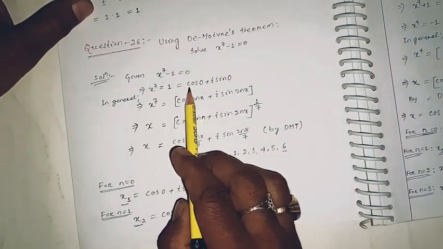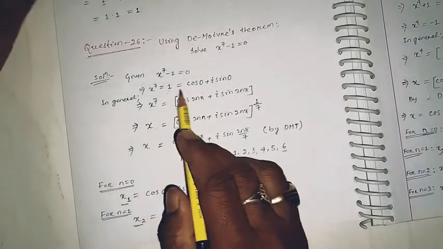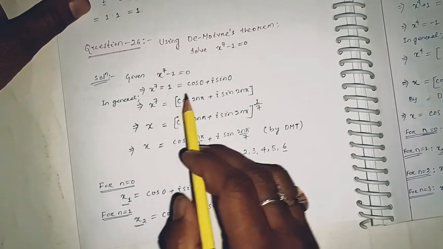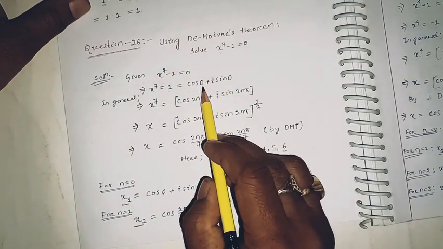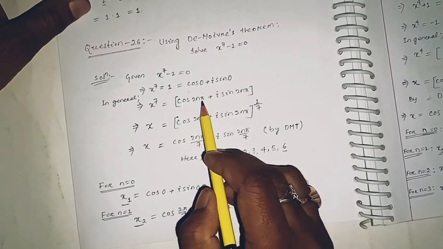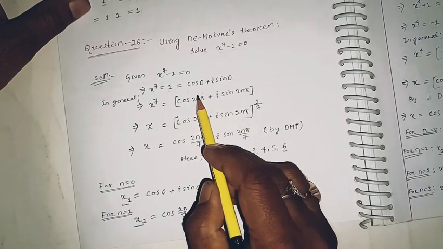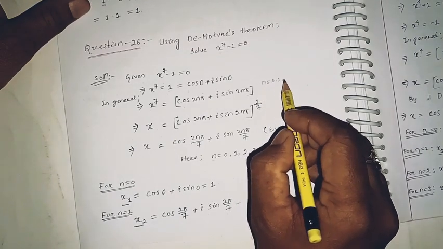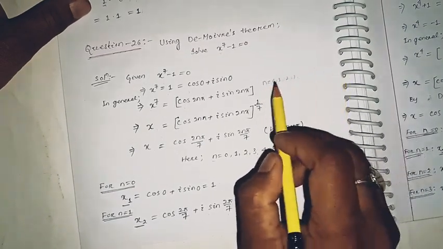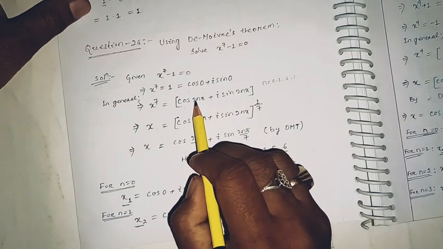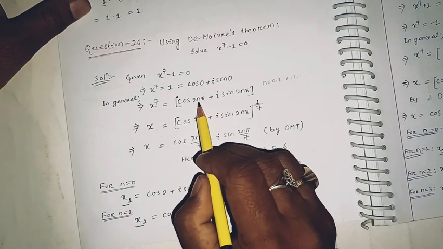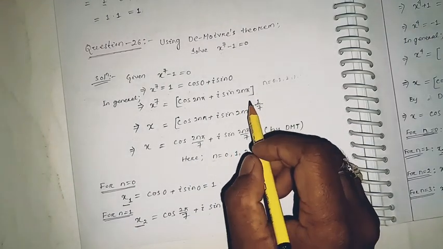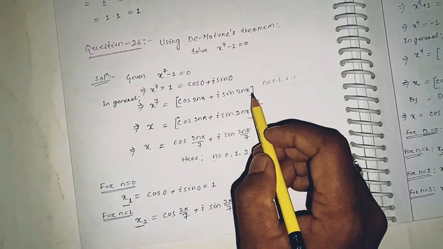Instead of 1 we can write cos 0 plus i sin 0. This type of thing we have already discussed just before. That implies x to the power 7 equals this. In general, this cos 0 plus i sin 0 can be written as cos 2n pi plus i sin 2n pi, because if we substitute any value of n, 0, 1, 2, 3, 4, 5, 6, any number, then cos 2n pi will be 1 and sin 2n pi will be 0, because sin of any multiple of pi we know is 0.